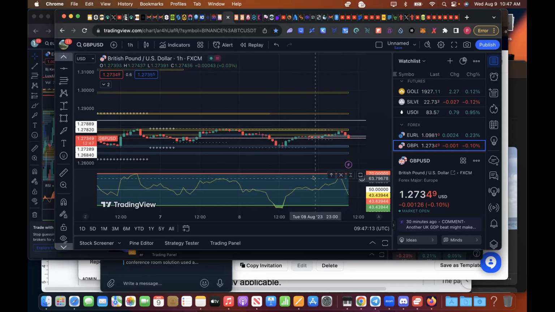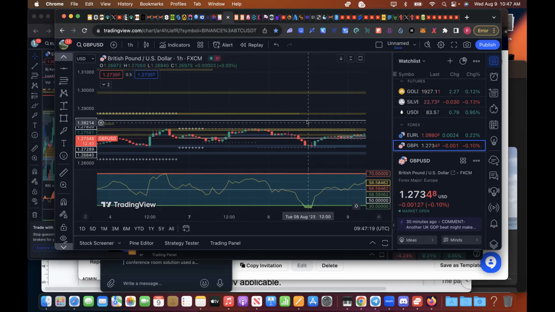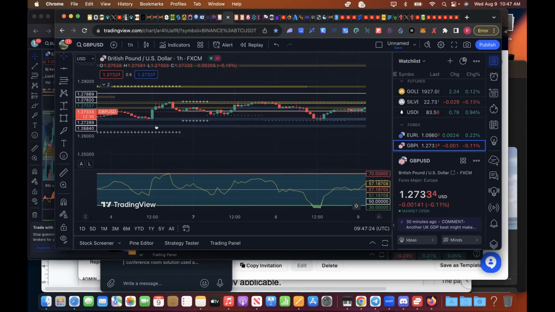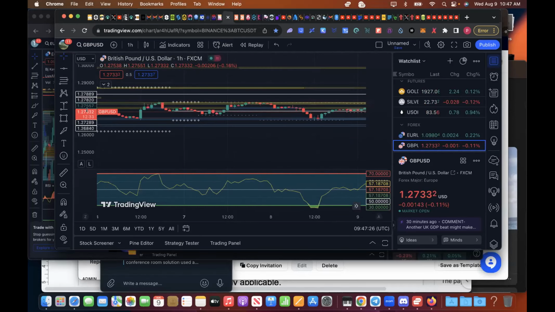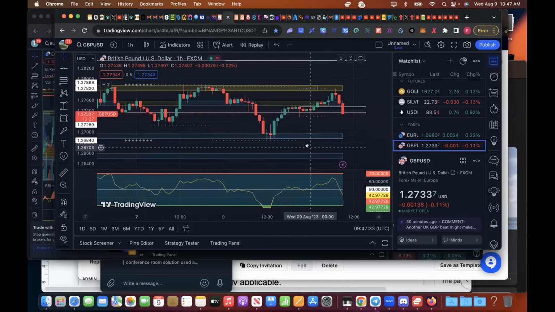So now you can see, it's actually selling. I don't like trading the market from the middle. I don't like it at all. It's not healthy. It can put you in a very, very tight corner. Can you see?